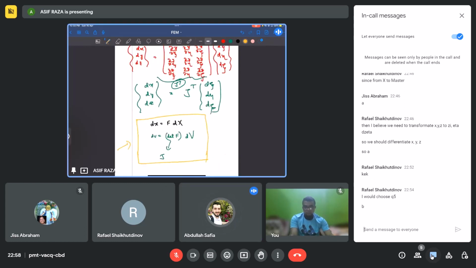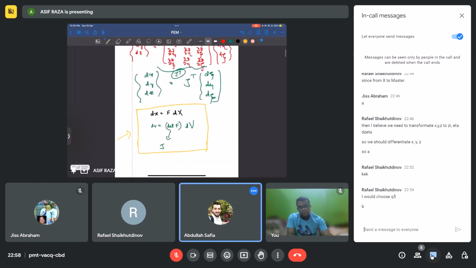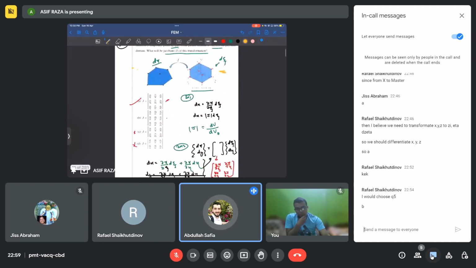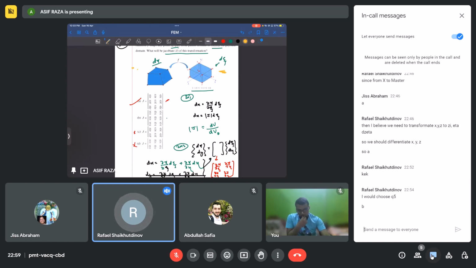If the transformation was from the physical to the parent domain, I think then it will be choice B, right? What does it mean? I'm still not clear here.